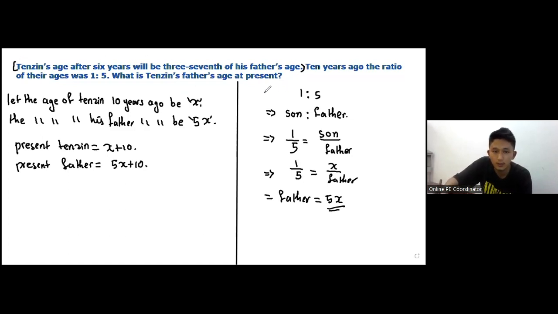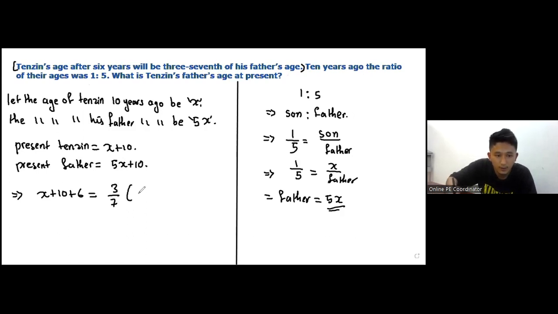Now see this part. We have to make the equation. Tenzin's age after 6 years: the present age is x plus 10, plus 6, which is equal to 3/7 of his father's age.